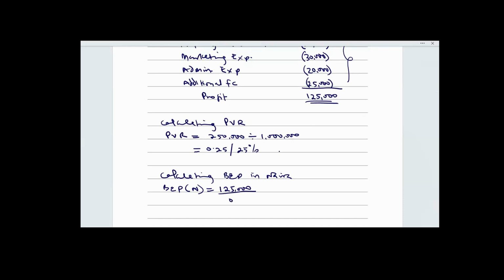The new PVR is 0.25. So what do you have there? 125,000 divided by 0.25 equals 500,000 naira. So that's what the examiner wants you to do.